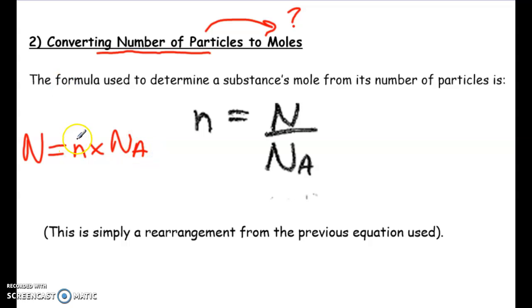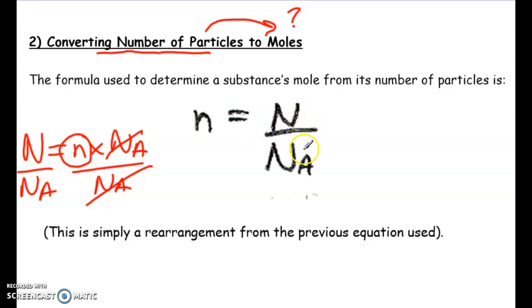So now we're solving for n. In order to isolate n, you do the opposite function of what it's with. Because it's times Na, you divide by Na on both sides. So your final formula ends up being n moles is equal to the number over Avogadro's number.